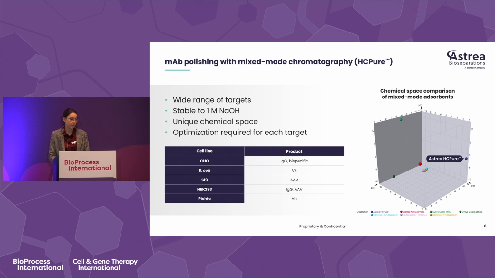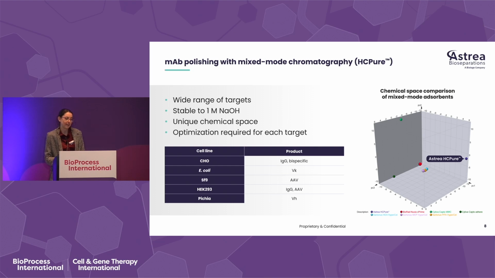So we've got examples of full-length IgG, IgG fragments for VK and VH, and even AAVs and bispecifics from CHO cell lines, E. coli, SF9s, Pichia, and HEK293 cell lines. But to be able to have that selectivity over a variable range of expression systems and target proteins, we have to optimize the buffer conditions that we use that mixed mode in.